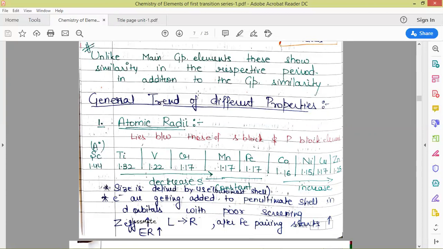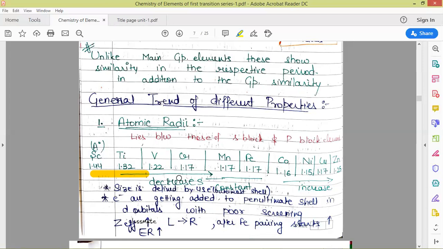By Z effective we mean the effective nuclear charge is increasing, because the number of protons inside the nucleus is increasing and electrons are being added to the same shell. Moreover, the electrons are getting added to the d subshell, which has a poor shielding effect.